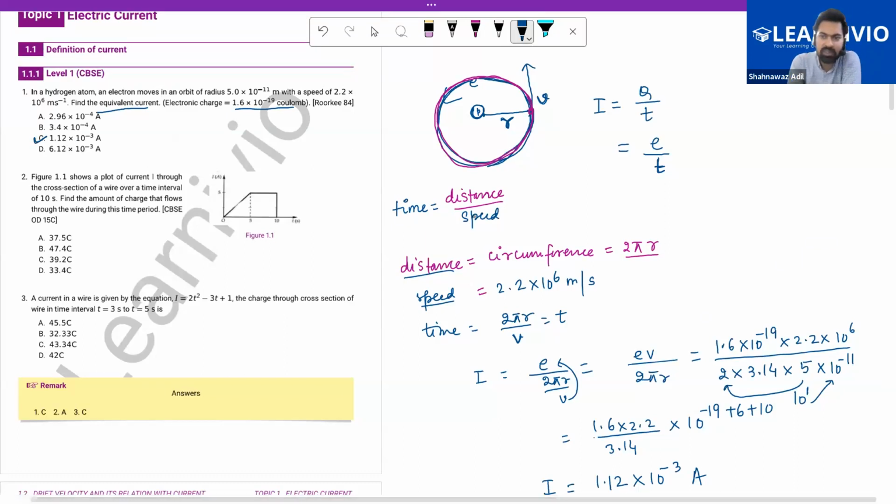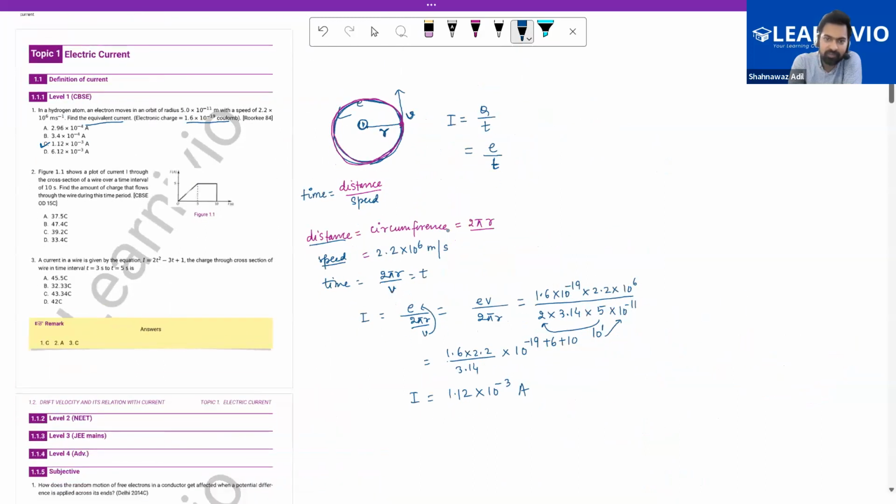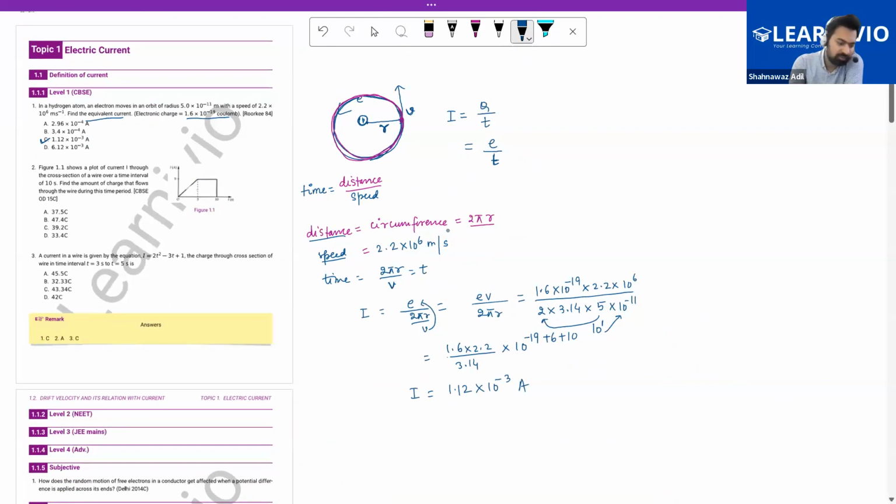So is this question clear? Yeah, so we had this current, which was the rate of flow of charge. So this was Q by T. We know the Q already. We just put the value of Q and then we had to calculate this missing link.